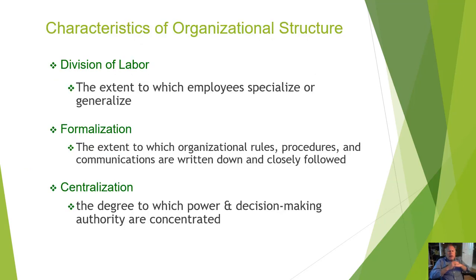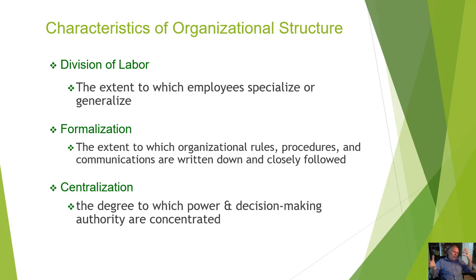And some of the characteristics that we have when we look at this is, how is labor divided? Do you have employees that are specialists who do certain things, or are they general? So we got to look at that. Formalization. How much of the organization's rules, procedures, and communication are written down and closely followed? How formal of an organization? And then there's centralization.